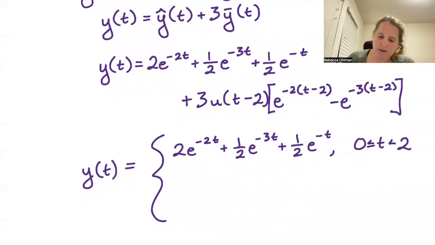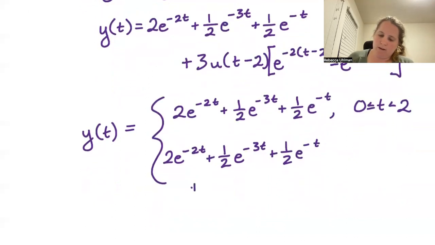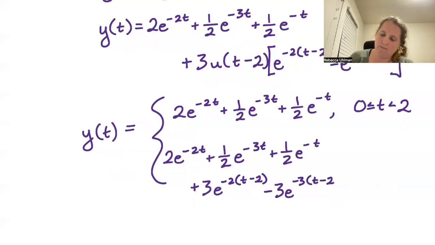So we have 2e to the negative 2t plus 1/2 e to the negative 3t plus 1/2 e to the negative t plus 3 e to the negative 2 times t minus 2 minus 3 e to the negative 3 times t minus 2 for t greater than or equal to 2.